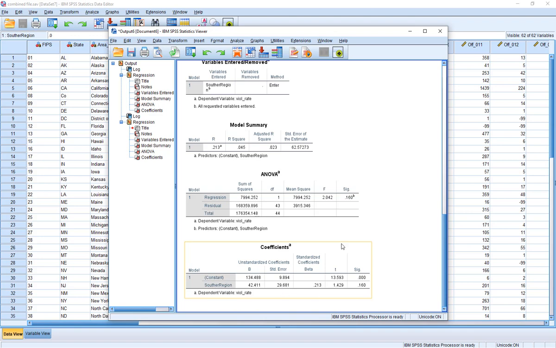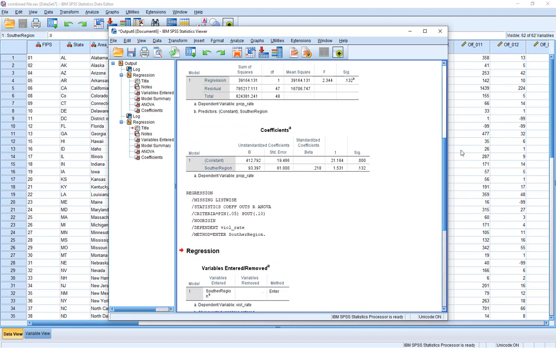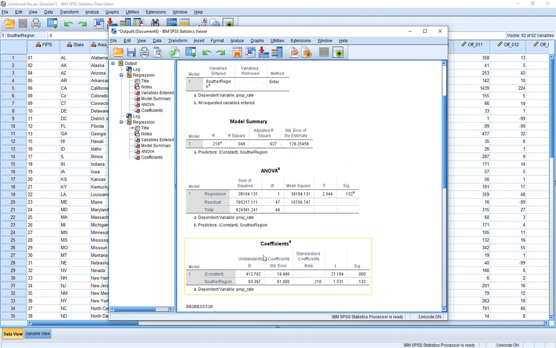And in fact, if I scroll back up here for a second, I'm looking now at the results from the property crime analysis before, and we would say something very similar. States that fell within that southern category had, on the average, about 93 more property crimes per 100,000 than states that did not fall in that southern region.